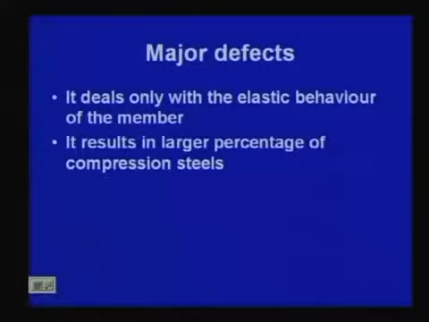Sometimes, we know that steel only will take the tensile part, the tensile zone we are reinforcing with steel bars to take care of the tensile stress developed in the concrete section.